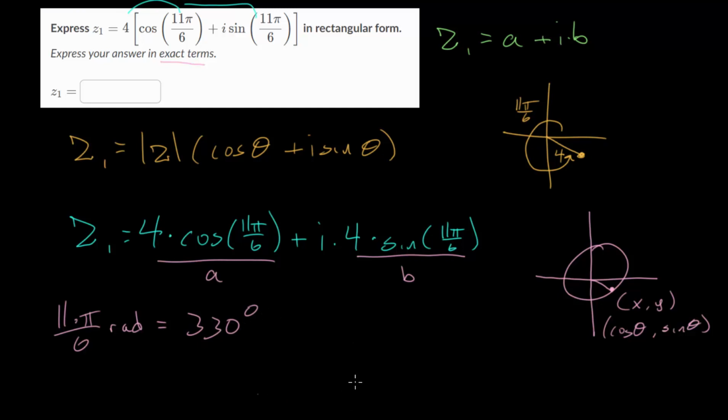But knowing that this is a multiple of the 30-degree angle, if we analyze the 30-degree angle in the first quadrant, we can look at that triangle and its x and y coordinates, and the angle that we're actually dealing with, this 11 pi over 6 radians, would have the same x and y values, but y would be negative since we're in the bottom half of this plane here.